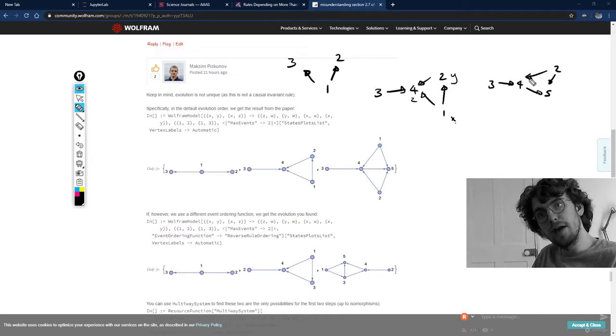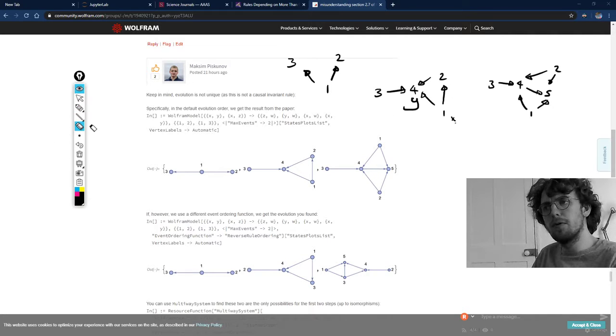This connection is still there. X, which is 1, goes to W. Then X goes to Y. Okay, so this is the one that's being taken as Y at this point.